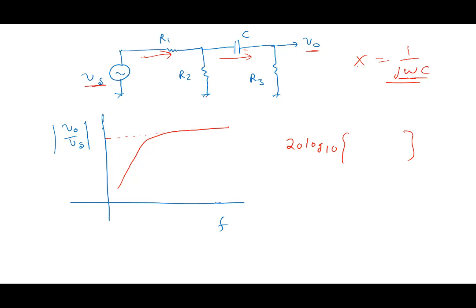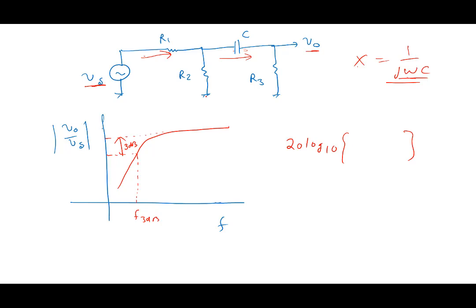And then there would be a 3 dB frequency here. We'll go to this point and say, let's say this is 3 dB here, and we want to calculate the F3 dB. So what is this 20 log 10?